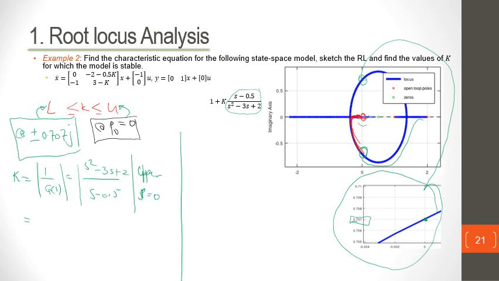So when s is equal to 0, we have 0 minus 0 plus 2 divided by 0 minus 0.5, which is the same as saying 2 over 0.5, which is 4. Now, it means therefore that the upper limit here, let me do it in black, is 4. The upper limit of k is 4, so k cannot exceed 4. That's the maximum. Let's look at the lower limit now.